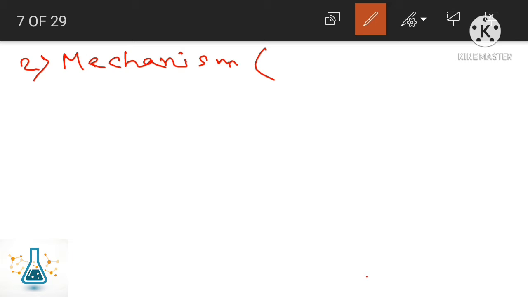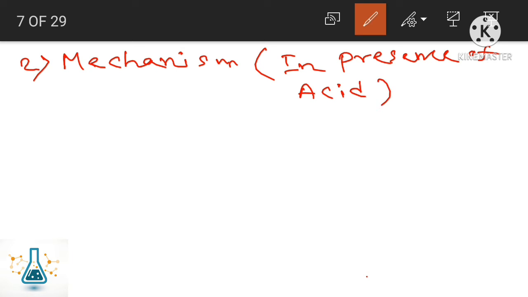In presence of acid, the first step will be like this: RCH2 COR in presence of acid.